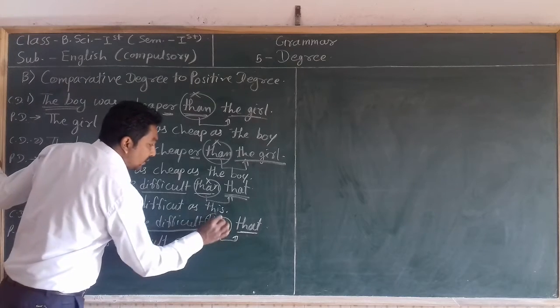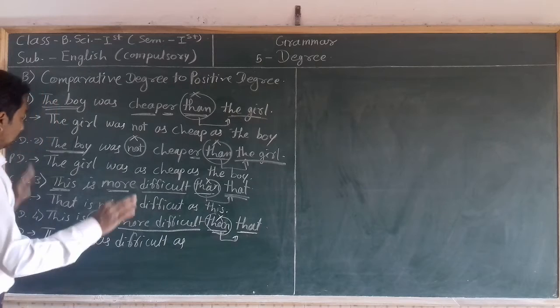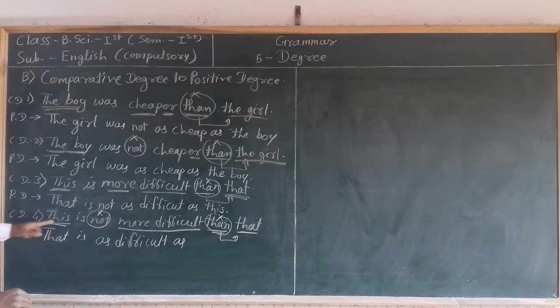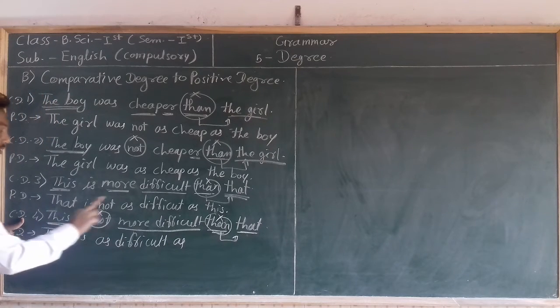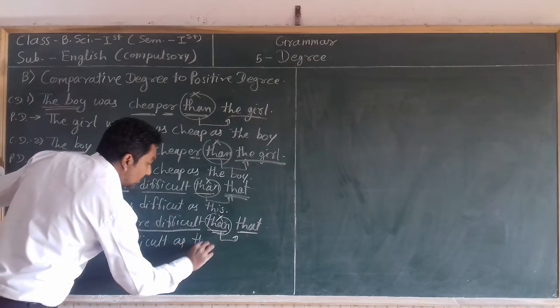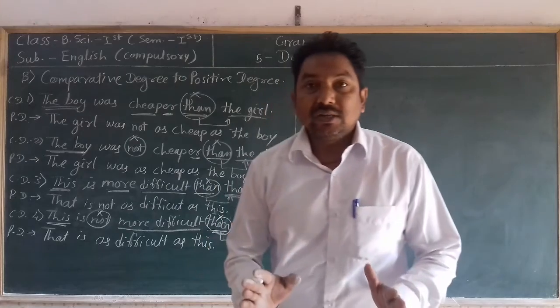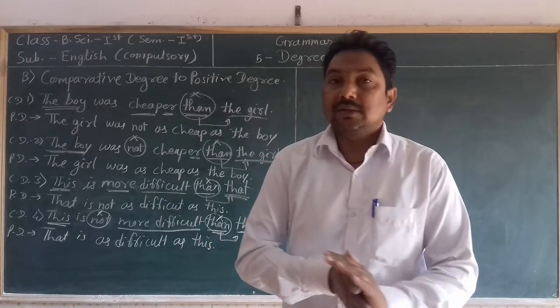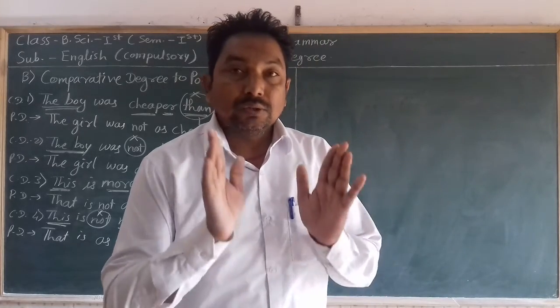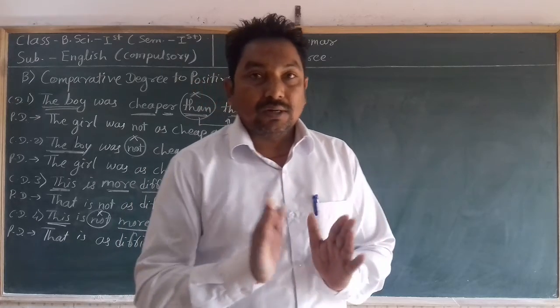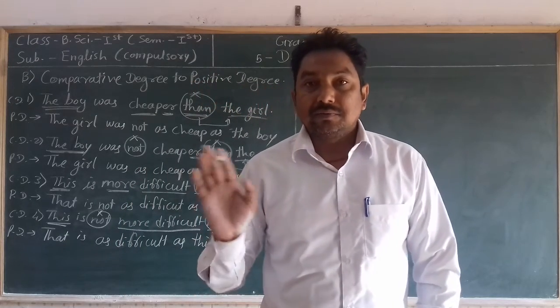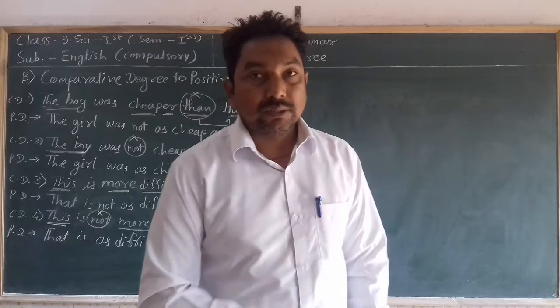Then take out the word than from the sentence. Then see what is the subject of comparative degree and write that subject as the object of positive degree. So in this way we can transform comparative degree sentence into positive degree sentence. I think you must have understood how we can transform comparative degree to positive degree sentence.